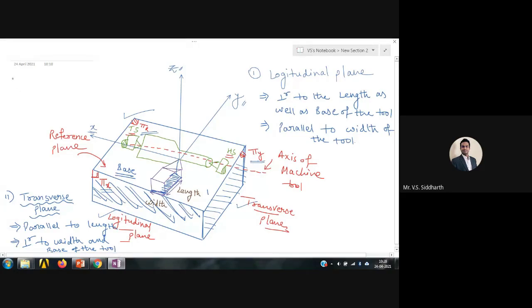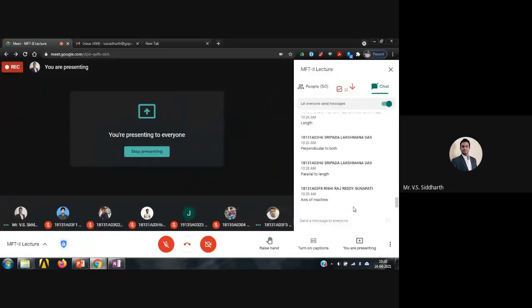And lastly, the reference plane. Axis of the machine? What are you saying? Just a minute. Gunapati, what is axis of the machine? What do you mean?